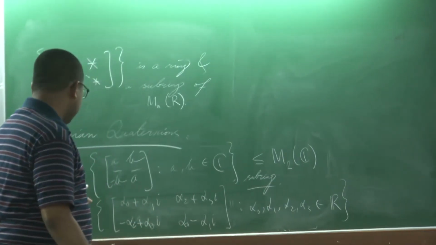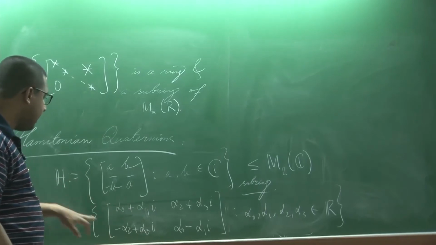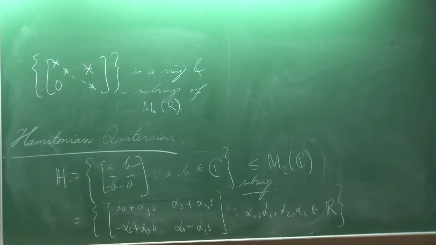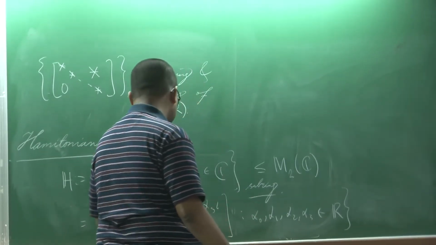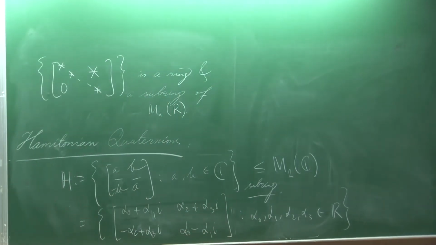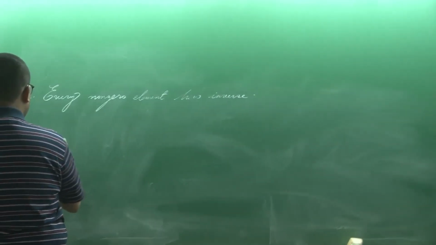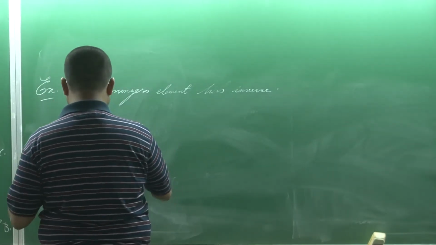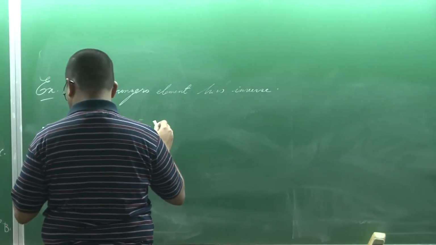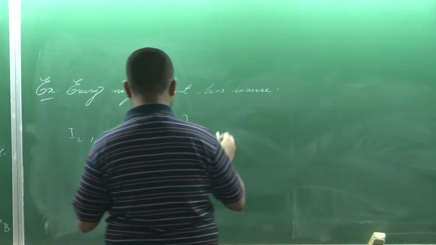Another important thing is that it is clear that this H is a real vector space, and we can intuitively have a feeling that the dimension of this vector space is 4. In fact, that is the case. Let me write down the basis. So, the identity is 1. Then let me denote by I hat the matrix (I, 0; 0, minus I).